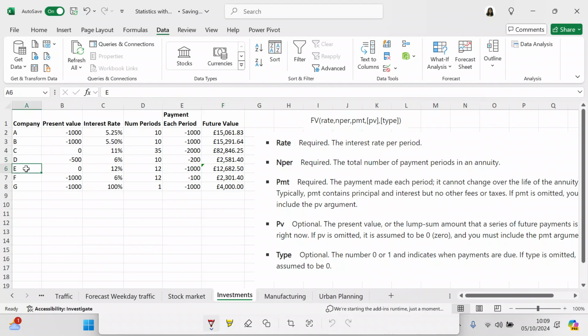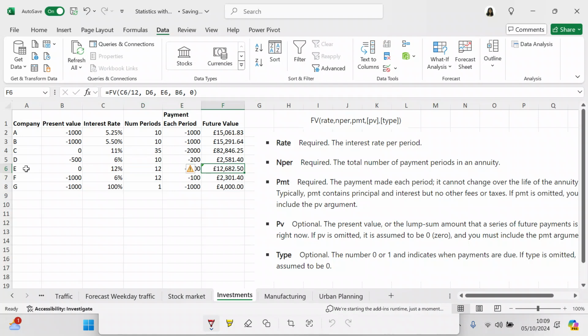The next one we have is Company E. Present value starts out at 0. Interest rate is 12%. It's going to be 12 payment periods. Each payment period is going to be £1,000. And at the end of the 12 payment periods, you're going to have $12,682.50. And again, this is going to be a year. It's going to be payment over a year because C6 over 12.